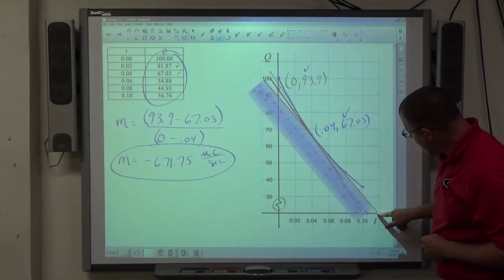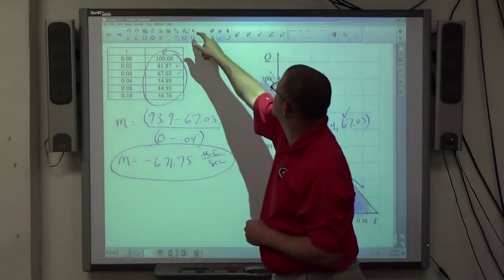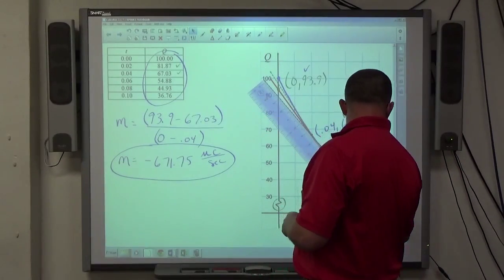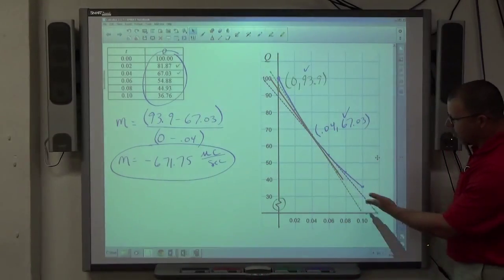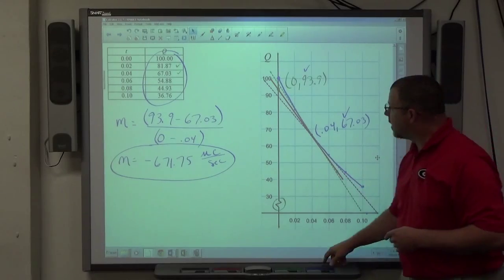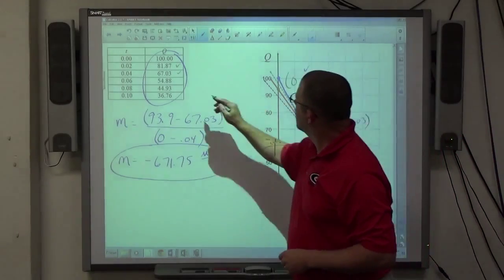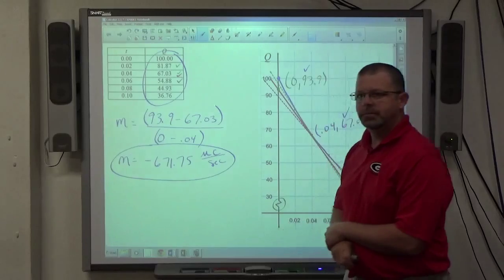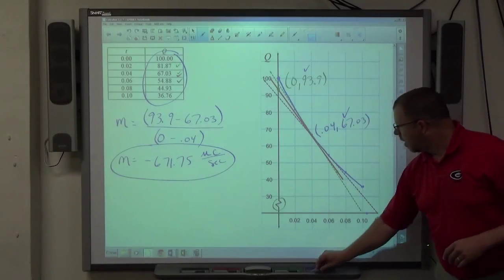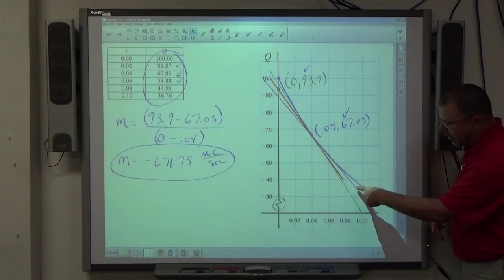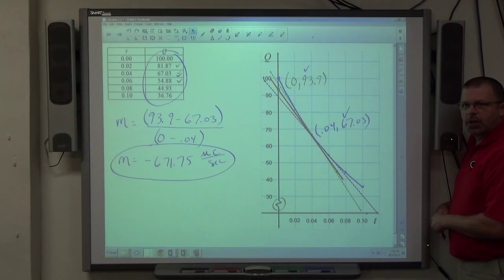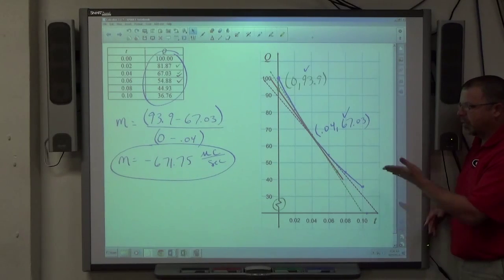All right. So looking at this purple line here, another secant line, right? And if I did the purple line, I'd be using this point and this point, right? All right, notice the purple line and the green line, where's the red line at in relation to those two lines? Kind of in the middle, right?